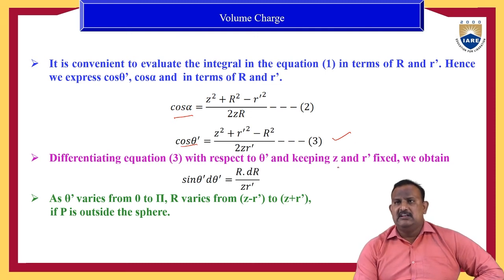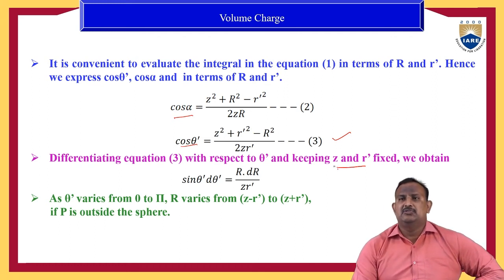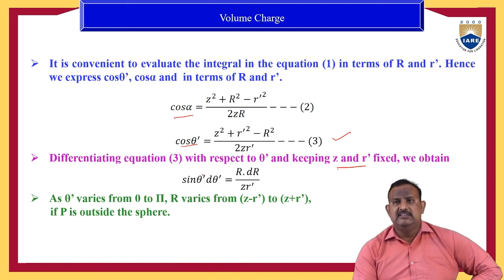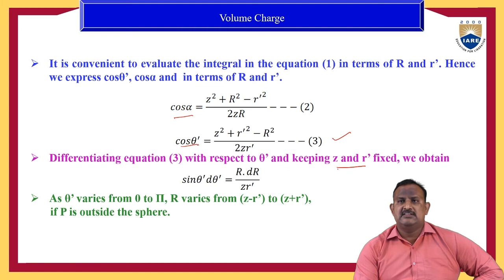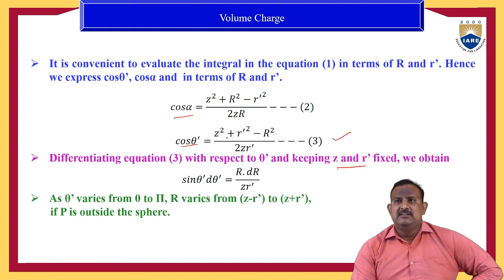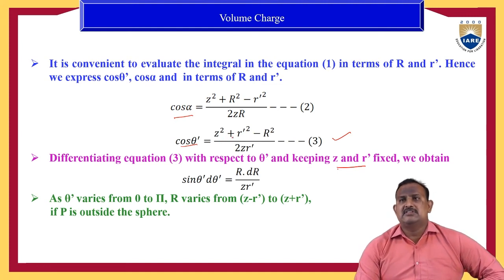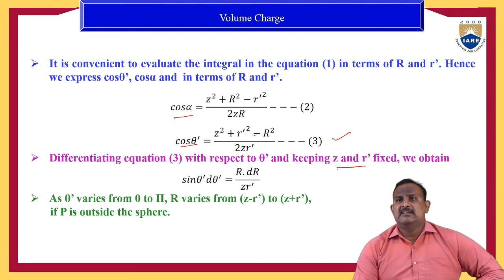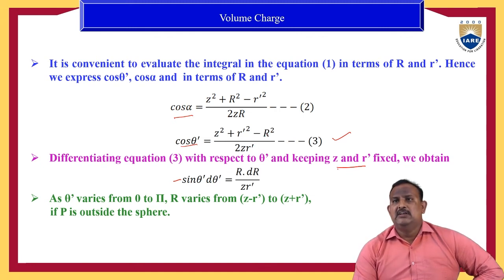When differentiating with respect to theta, keep the values z and r fixed. The differentiation of cos theta dash is minus sin theta dash d theta dash, which equals, since z and small r are constants, the differentiation of the constant is 0, and for minus R squared we get minus 2R dR. The 2 cancels, and the negatives cancel on both sides.